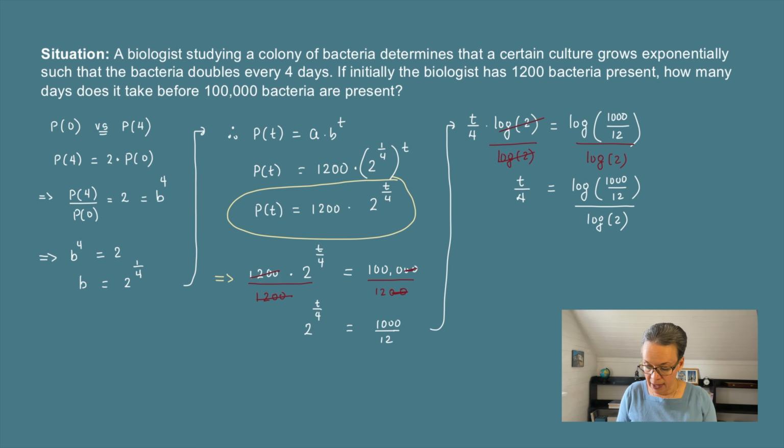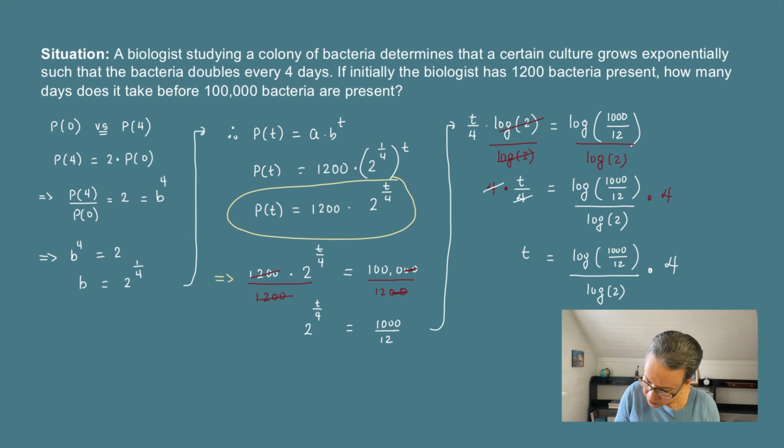And my last step is to get rid of this 4 that is in the denominator. In order to do that, we're going to multiply both sides of the equation by 4. So then the 4's will cancel on the left, and t will be the log of 1,000 over 12 over the log of 2, all of this times 4.